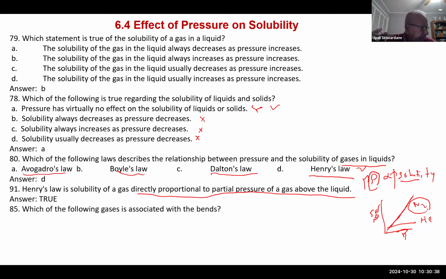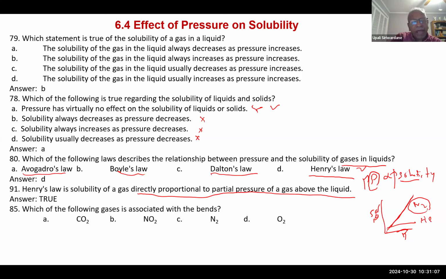Therefore, more nitrogen gets dissolved in blood under high pressures. When you come out of the water quickly, it gets released into the bloodstream. Nitrogen bubbles accumulate in the spinal cord around nerve endings, and therefore it causes paralysis.